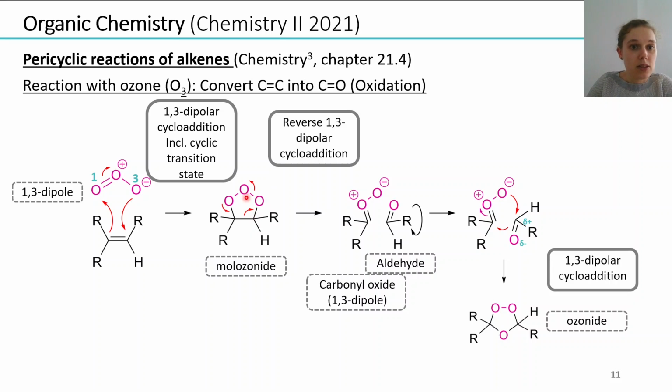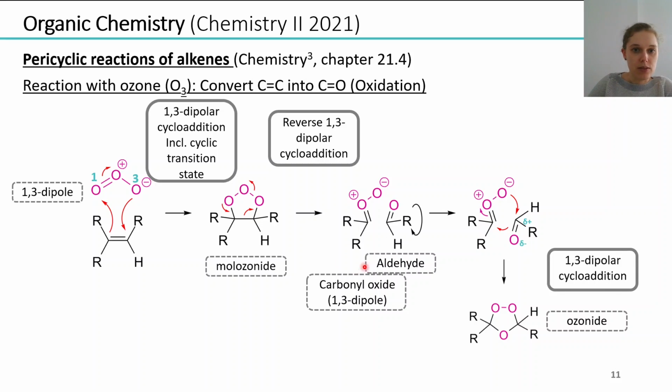And then this oxygen-oxygen bond will break, and the electron pair will go towards this oxygen atom. So this is quite similar to the first step, but the other way around. And after this reverse 1,3 dipolar cycloaddition, we have broken one oxygen-oxygen bond and one carbon-carbon bond in order to form one carbon-oxygen double bond and a carbonyl oxide, which is also a 1,3 dipole.